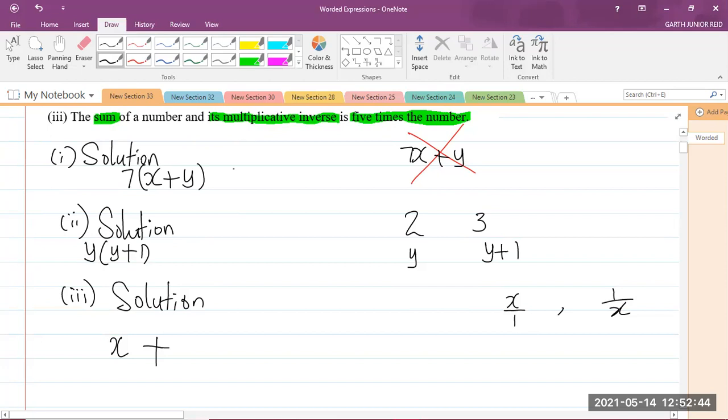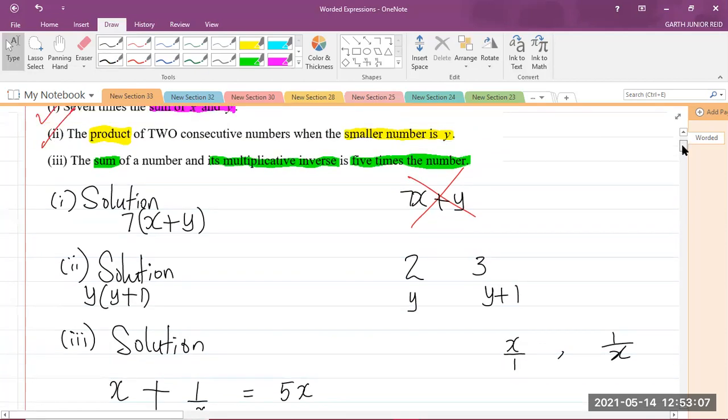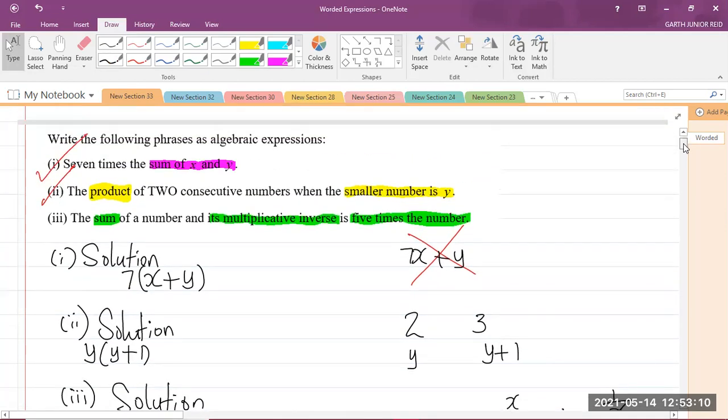So the multiplicative inverse is 1 divided by x, is, so I'm going to write equal to 5 times the number. So that's going to be 5 multiplied by the number, which is x. So the solution here is x plus 1 over x, and that is equal to 5x. And that is the solution for this question.